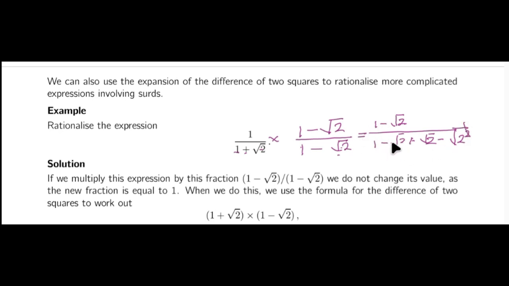We are left with this, and this can cancel out because we have minus root 2 plus root 2. So we are left with 1 minus root 2 all over 1 minus 2, which is negative 1, which is the same thing as saying negative 1 plus root 2. As simple as that.